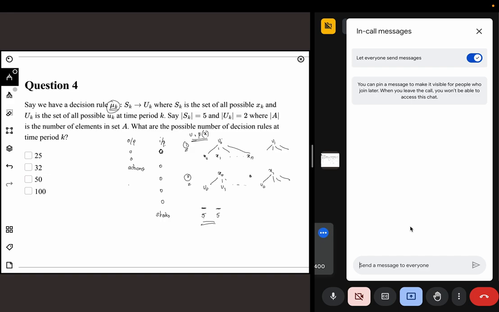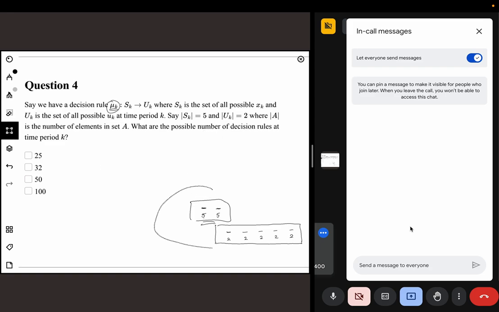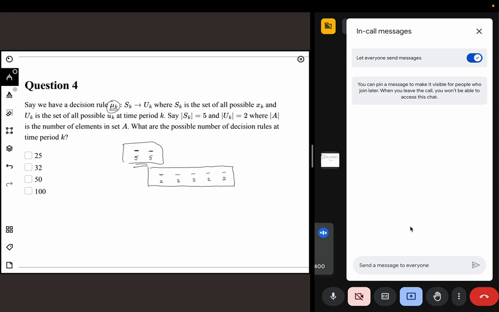The other way is that you have 5 different states, and each state has 2 different actions that you can take. I think you got confused between this and this. So which one do you think we are doing here?